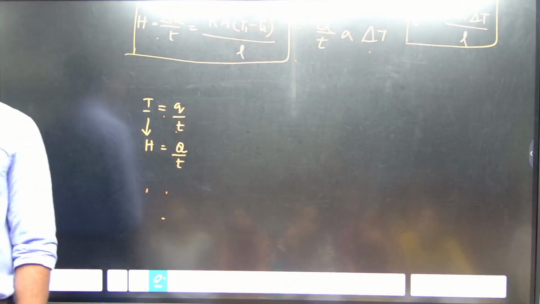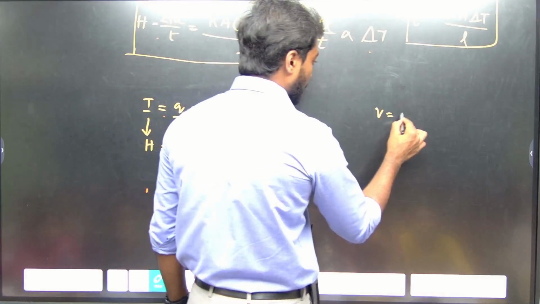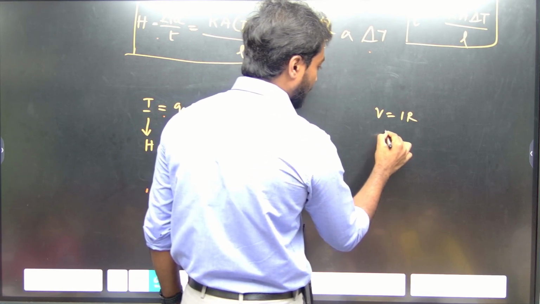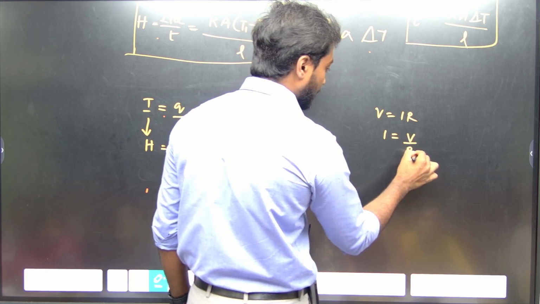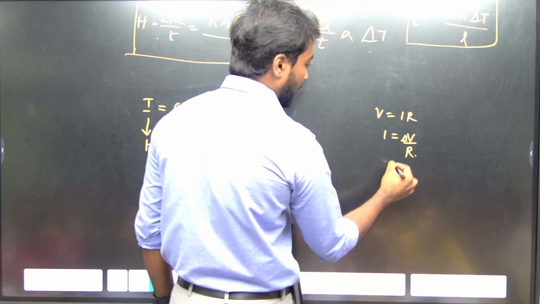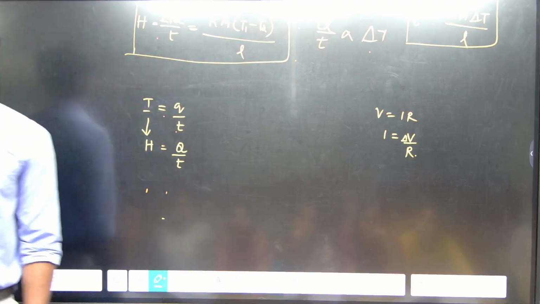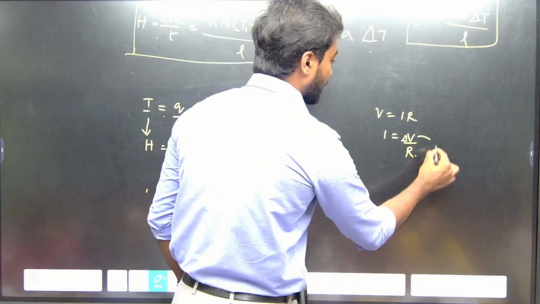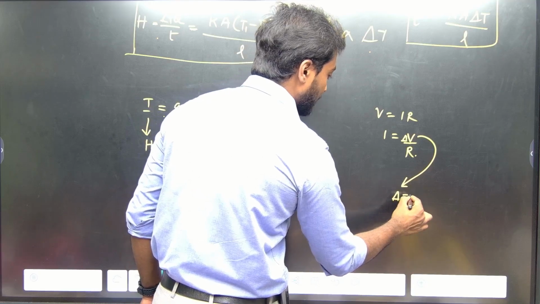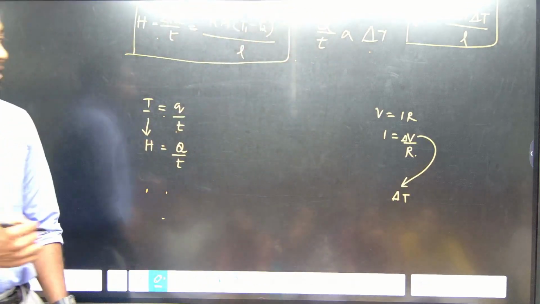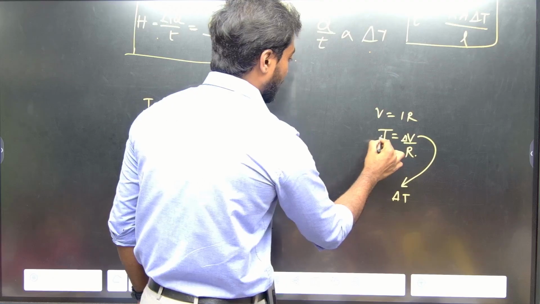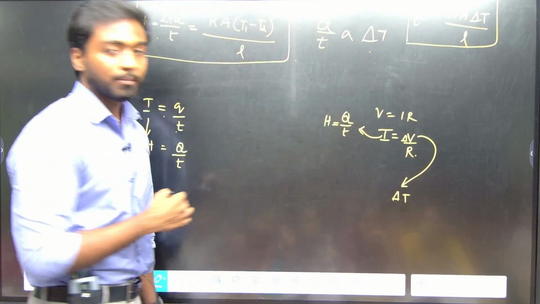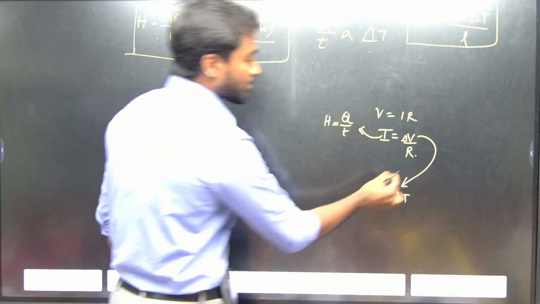V is equal to IR. What about V by R? So this is delta V I'll take, the change in potential. So consider the change in potential in terms of change in temperature. Current, consider in terms of Q by T, which is nothing but H, and the remaining term is the resistance.